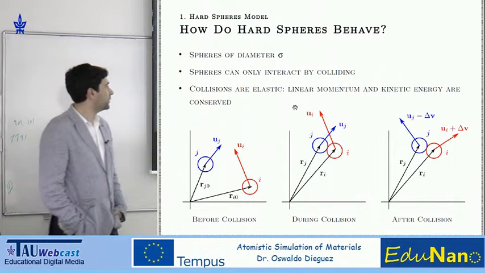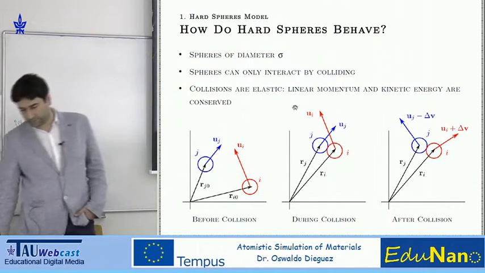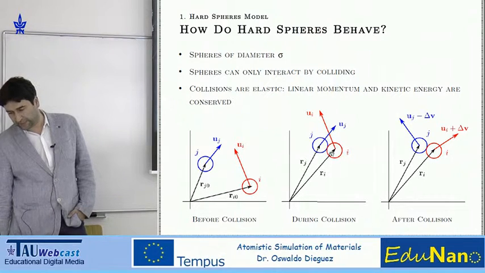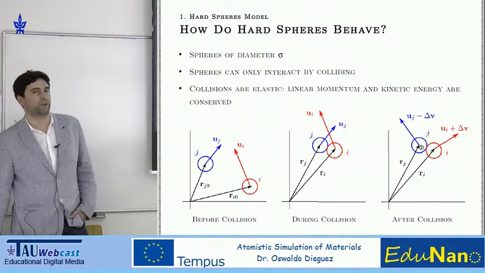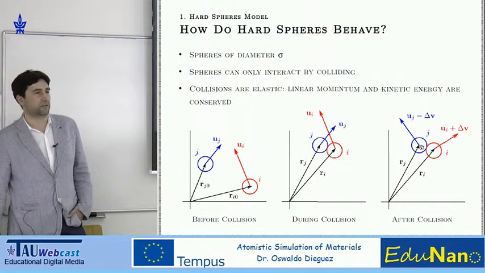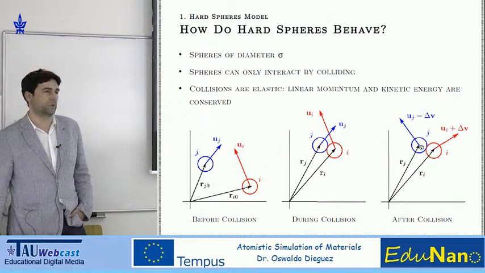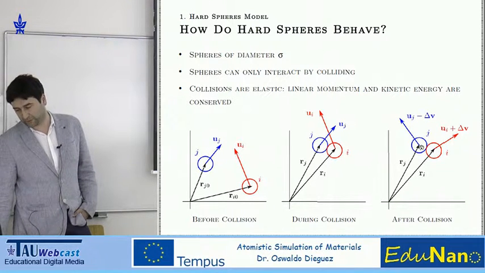So in our system, there will be two balls, I and J. They will be moving around until they collide, and we will have to be able to track what exactly the velocities do. Before the collision, they were constant. After the collision, physics has to tell us what happens to them.